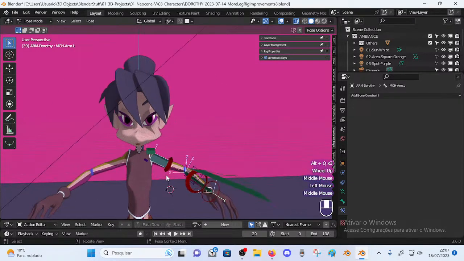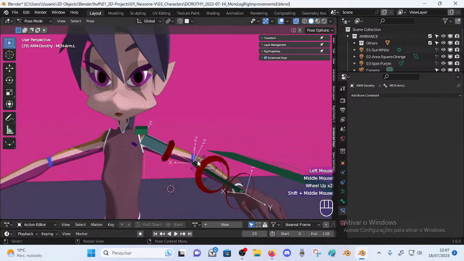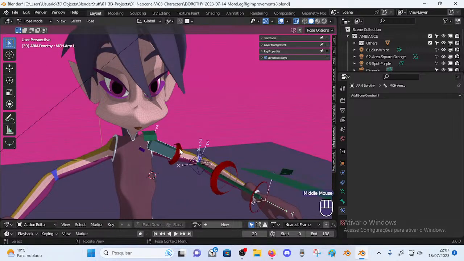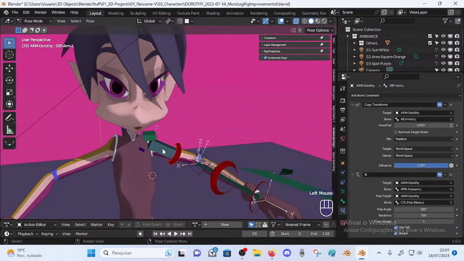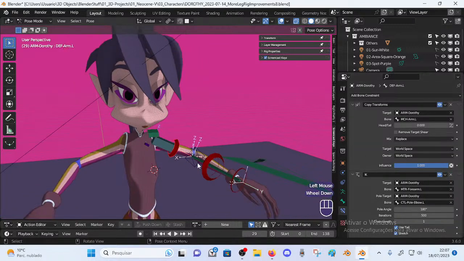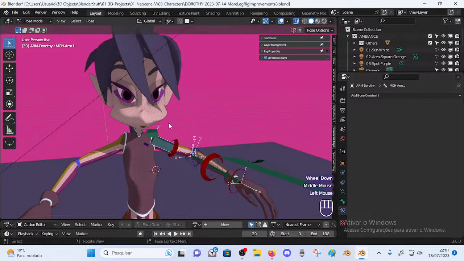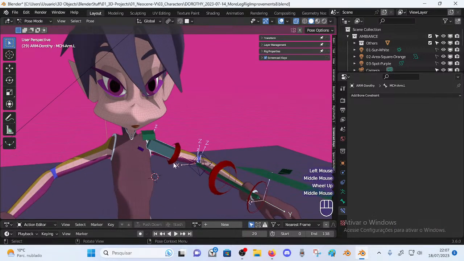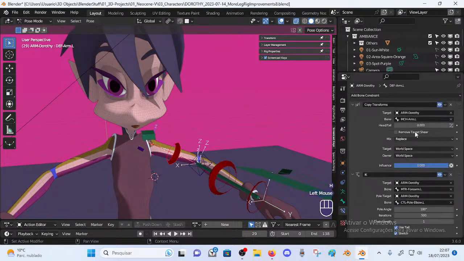And in this case, yes, this would be part of a mechanical chain of bones that I only did for that one. I was starting to build it, but I built it just to have some control of the arm.